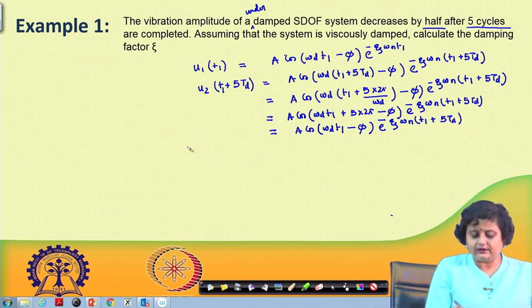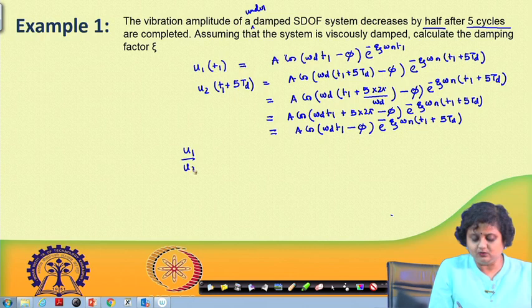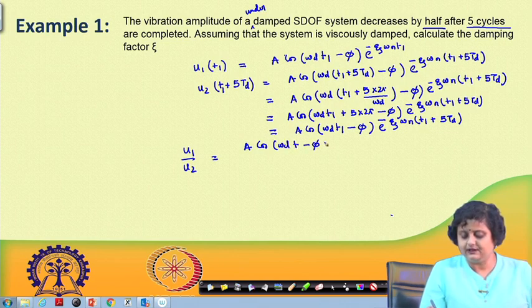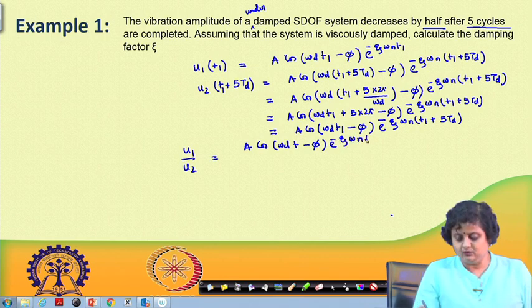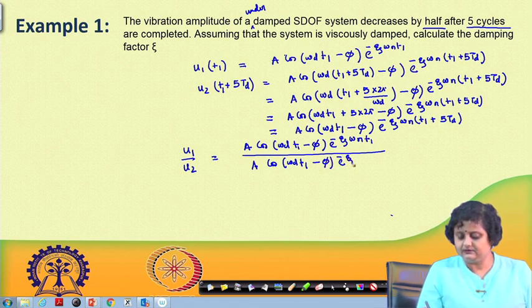Okay. So, let me now take the ratio of u1 and u2. If I take the ratio of u1 and u2, this is going to be A cos(omega d t1 minus phi) into e to the power minus zeta omega n t1, divided by A cos(omega d t1 minus phi) into e to the power minus zeta omega n (t1 plus 5 Td).